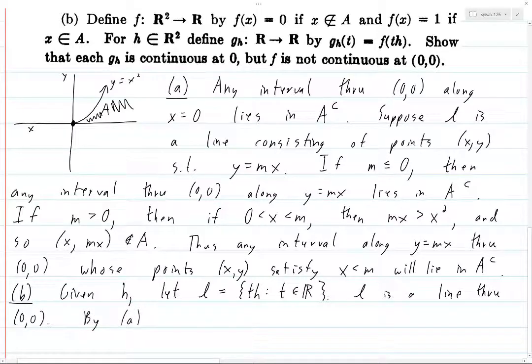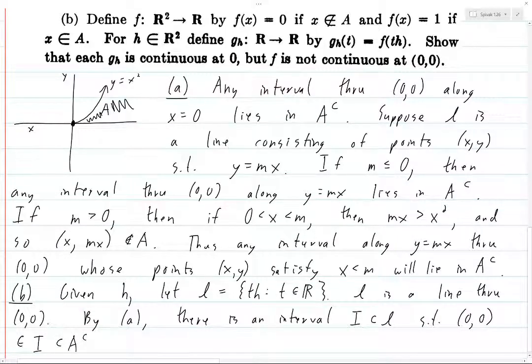By A, there is an interval I, which is a subset of L, such that the origin is contained in I, and I is also contained in the complement of A.